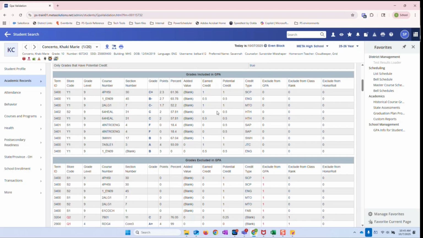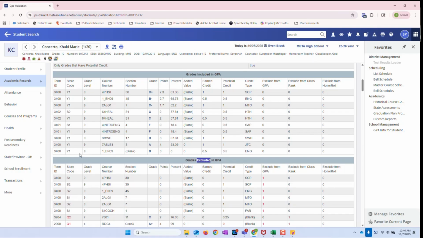And then my favorite part of this screen is the difference between the grades they've earned that are included in the GPA versus the ones they've earned that are excluded from the GPA. Only her Y1, S1, or S2 final grades are being used, only from grade 9.